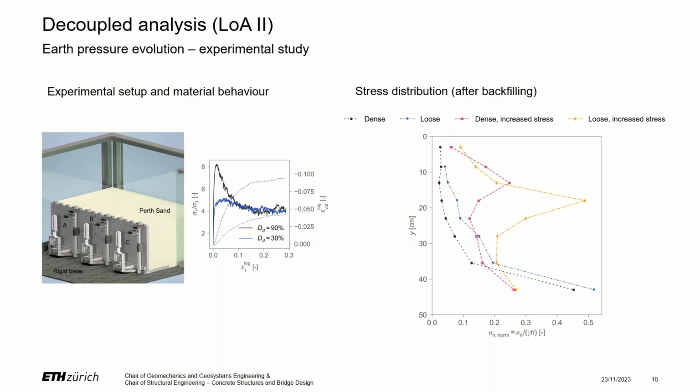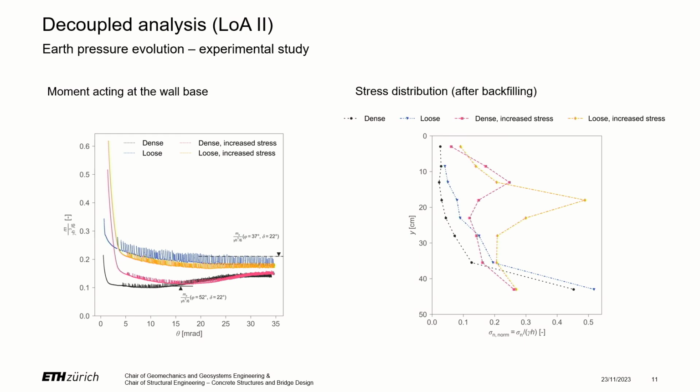Here we can see that indeed we had a higher earth pressure featuring a peak closer to the soil surface. Also in this case, we observed that loose samples exert a higher earth pressure on the wall.